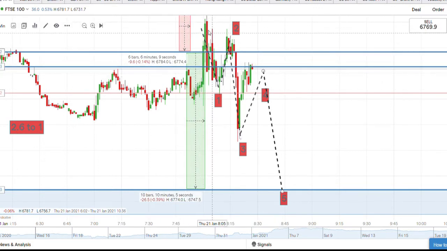So that's your 5-wave structure. 1, 2, 3, 4, 5. Wave 3 can never be the smallest.